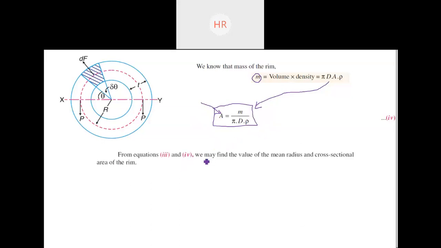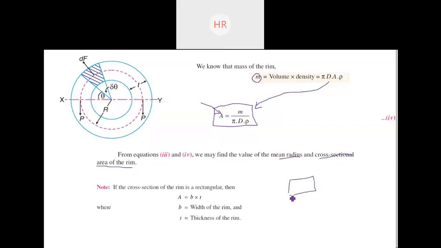So from equation 3 and equation 4, we can find the mean radius and cross-sectional area of the ring. And one more thing to note: if the cross-sectional area of this flywheel is rectangular, then we know that the area of a rectangle is equal to B multiplied by T. B is the width of the rim, and T is the thickness of the rim.